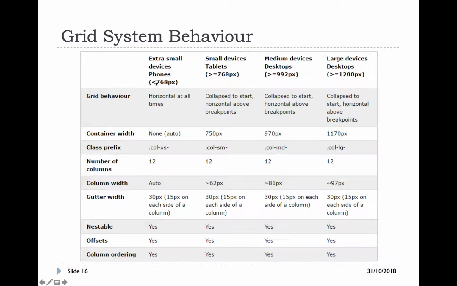This is the cutoff point, just as we discussed earlier with media queries. So that says when it's less than this, this is how the XS would behave. You can see, depending on the size you set, you have different cutoff points for the small, medium, and large columns.